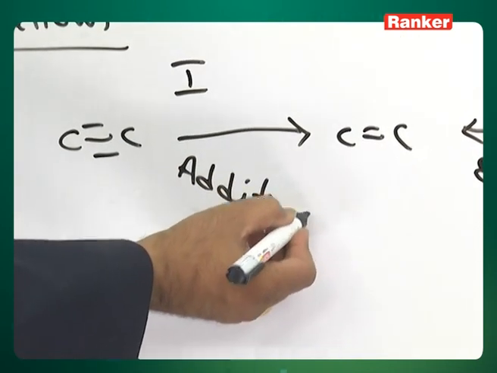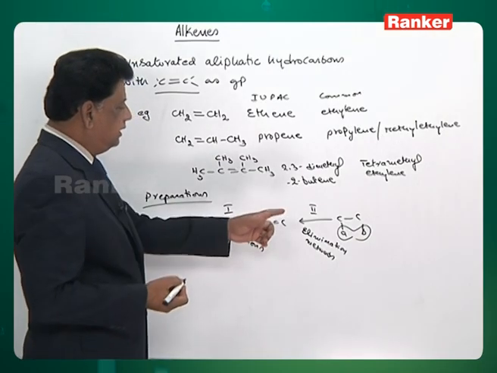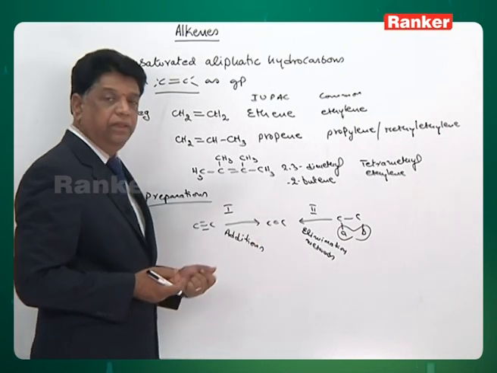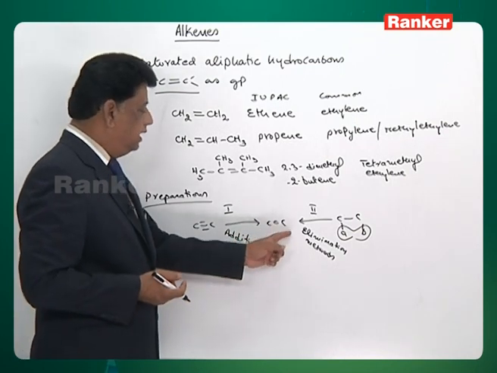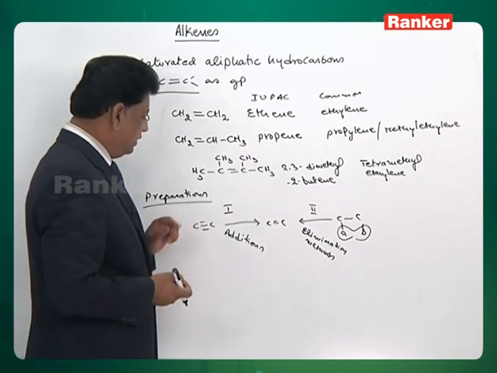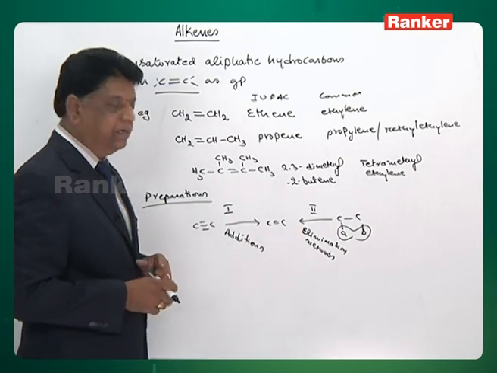So fundamentally there are two methods, one is the addition method, the other one is the elimination method. Finally, our goal is to create a double bond in the given compound. So first let us go for the addition methods and then we will take the elimination methods.